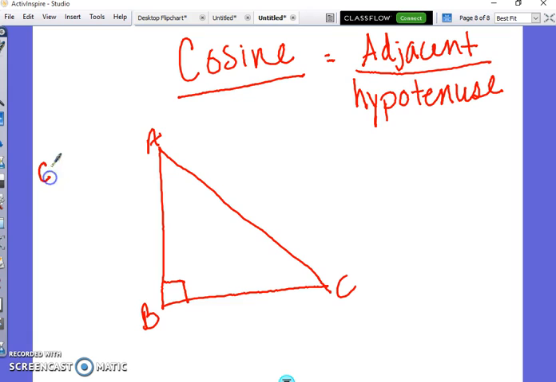If I were to ask for the cosine of A, which side is adjacent to angle A? AB. What is the hypotenuse? AC.